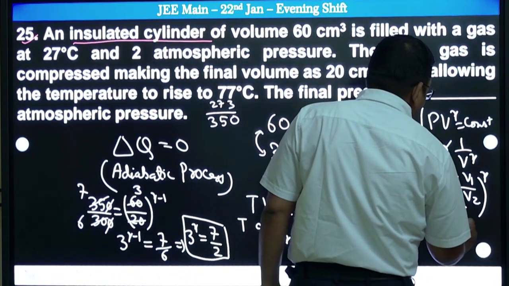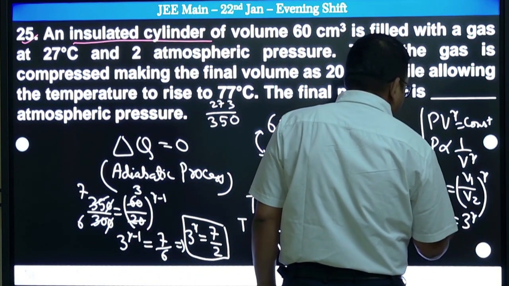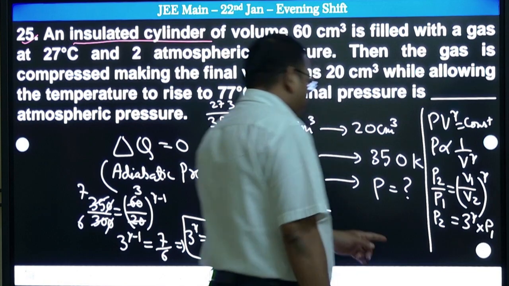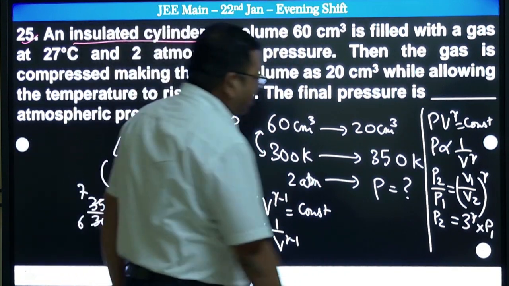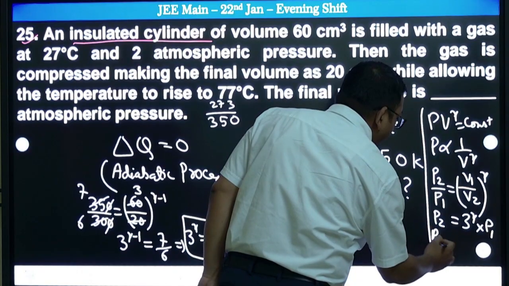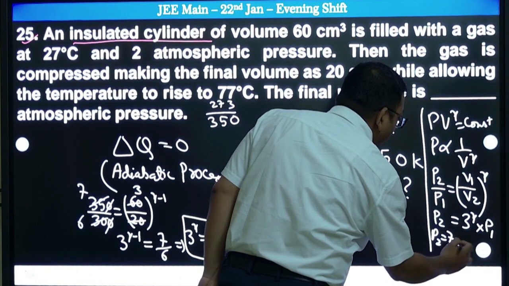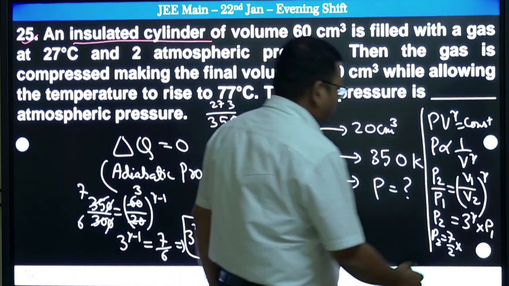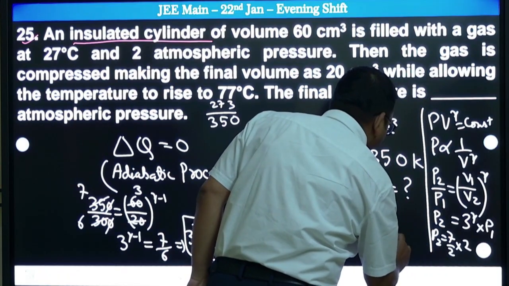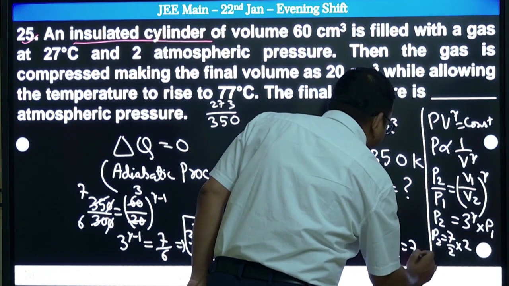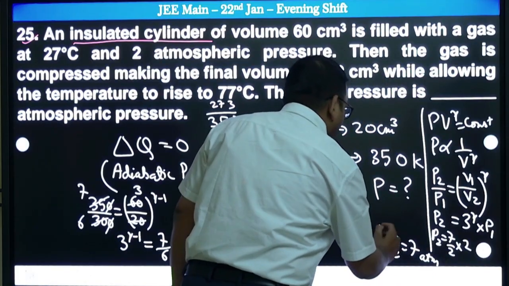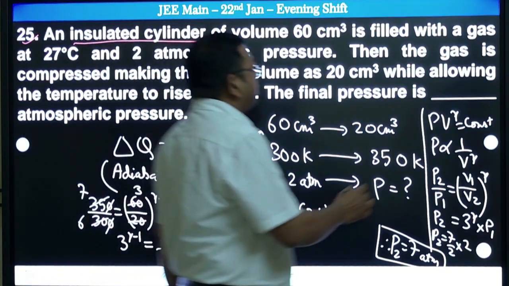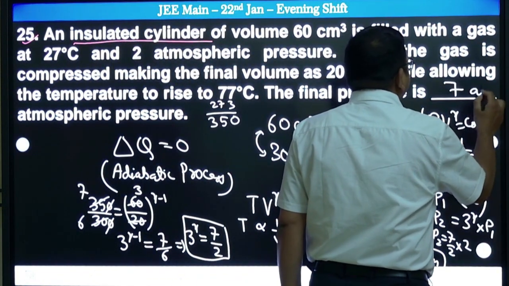So this becomes 3 to the power gamma, and this is final pressure by initial, so multiply by initial pressure. We have calculated 3 to the power gamma as 7 by 2. So P2 should be 7 by 2 multiplied with the original pressure, which was how much? 2. So this is going to give us the answer as 7. So final pressure will be 7 atmospheric pressure, right? That should be the answer. Final pressure is 7 atm.